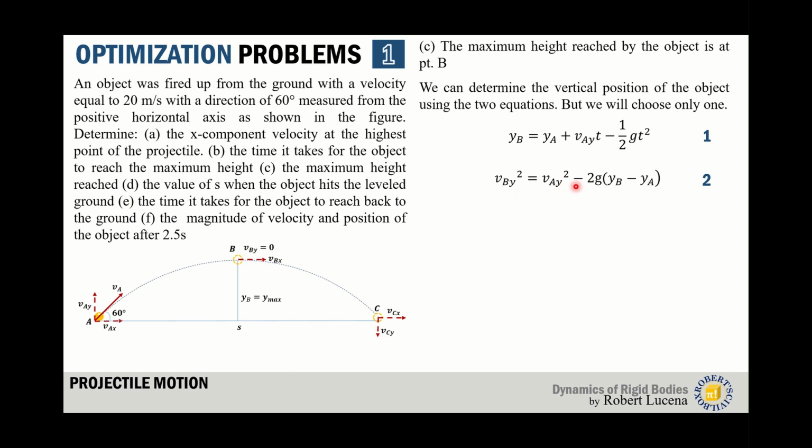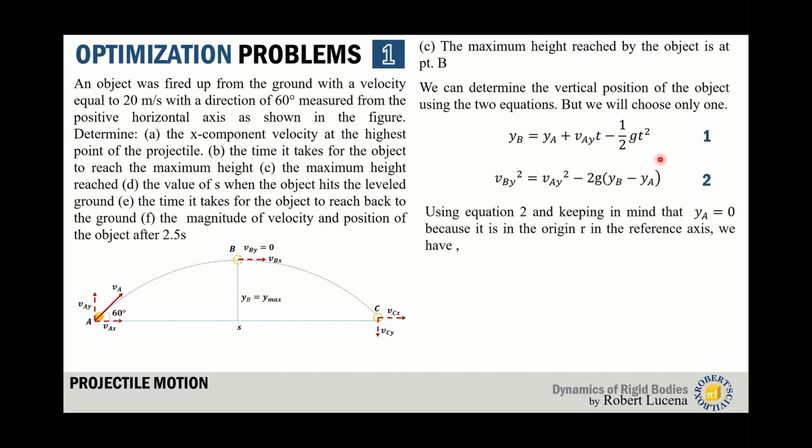By the way, you can actually solve the position of point B using equation 2 directly. Using equation 2 and keeping in mind that ya is equal to 0, because we established that point A is our reference, we can now solve for the position of B.